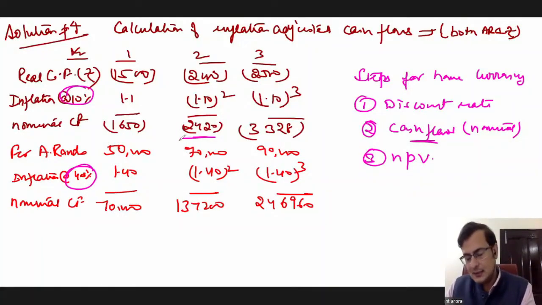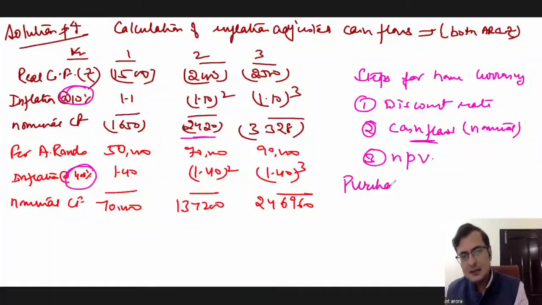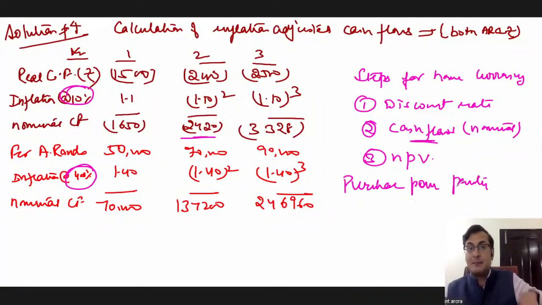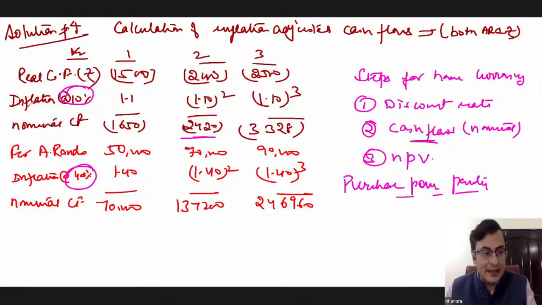Tell me, can you use the purchasing power parity here? Interest rate parity is with the interest rates. Purchasing power parity is with the inflation rates. So we'll be using purchasing power parity to get the forward rate.